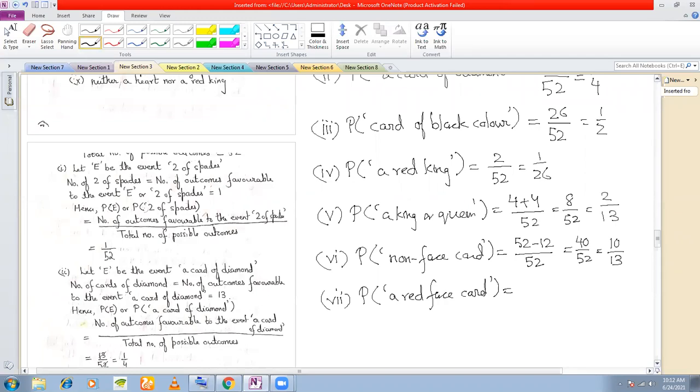Red face cards is how many? 2 kings are there, right? 2 red kings. Then you have 2 red queens. Then you have 2 red jacks, right? These are the total number of red face cards divided by total number of cards, which is 6 by 52, which is 3 by 26.